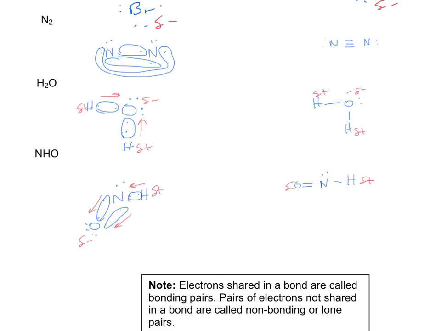For example, when you're drawing water, water is a bent-shaped molecule. The hydrogens are not straight across from each other. If you use the clock method when you place your electrons around the oxygen, starting at 12, 3, 6, 9, and then starting to pair, you'll get this correct diagram.